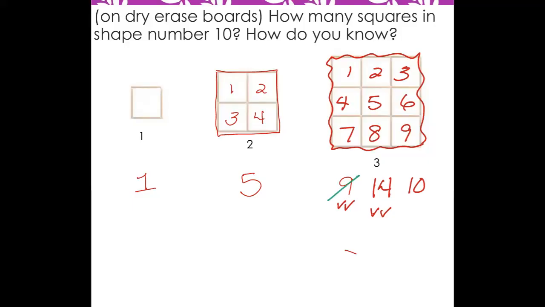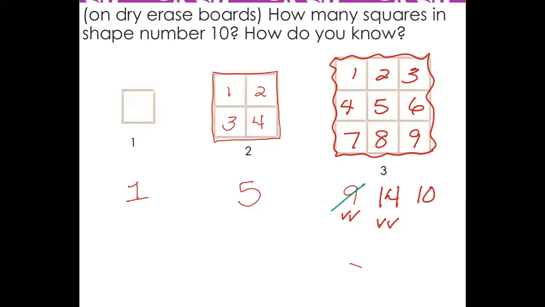What about 14? What can I put together to make up 14? Does anybody want to say? Do you see any 2 by 2 squares in there? Because we got 9 that are 1 by 1. We have 1 that is a 3 by 3.